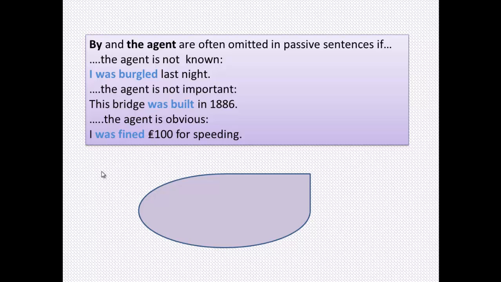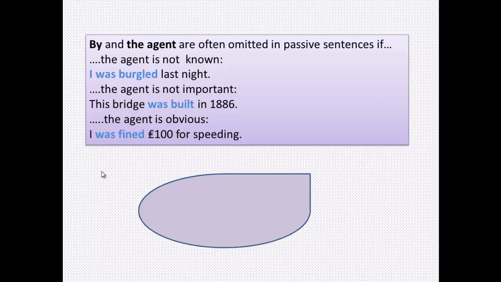Number 2. The agent is not important. So, if the agent is not important, there is no need to mention it in the sentence. I can omit it in the passive sentences, as in: this bridge was built in 1886.